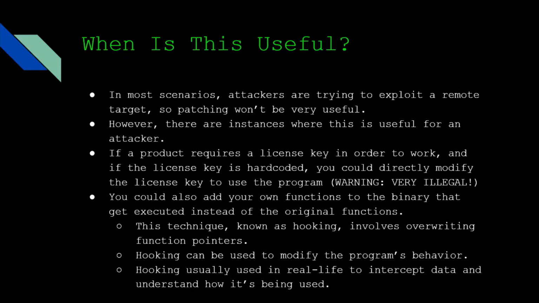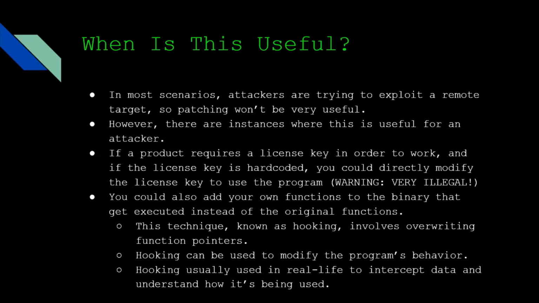So for example, let's say you go online, you download Microsoft Word or WinRAR or one of those programs that require some kind of license key in order to work. And let's say that the license key itself is hard-coded into the program. What you could do is you could directly go into that file and just directly modify the license key itself so that it works when you type in some different license key.